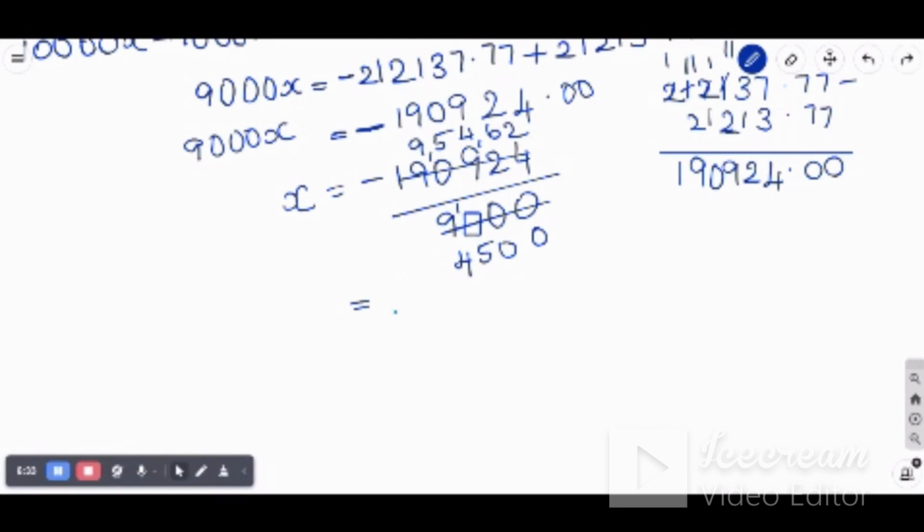Now let us write the next step here. This will be 95462 divided by 4500.